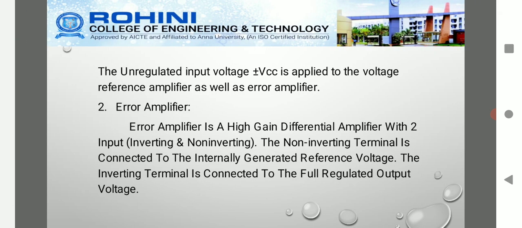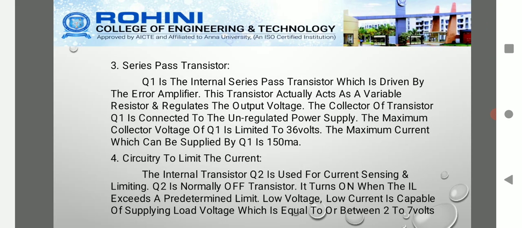The error amplifier is a high gain differential amplifier which has two inputs. One is inverting input and another one is non-inverting input. The inverting input is designed in the form of minus, and non-inverting in the form of plus. So this non-inverting terminal is connected to the internally generated reference voltage, and the inverting terminal is connected to the fully regulated output voltage.